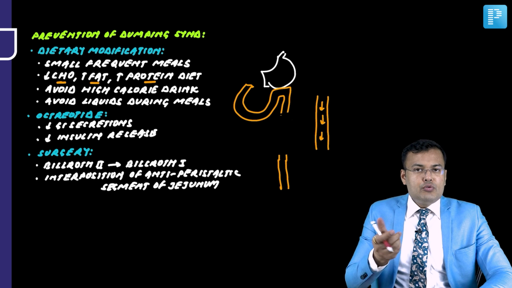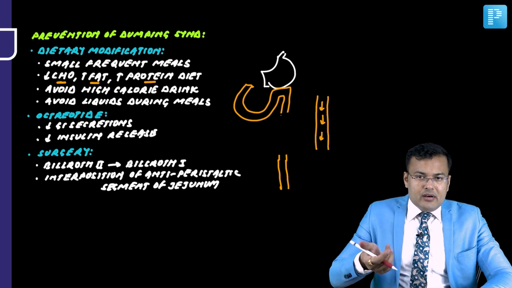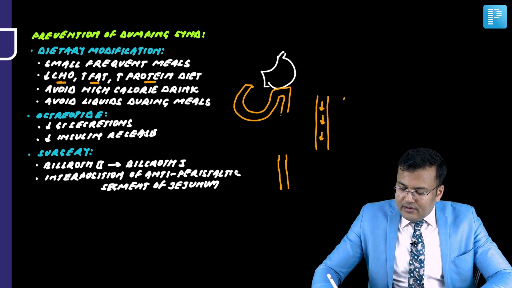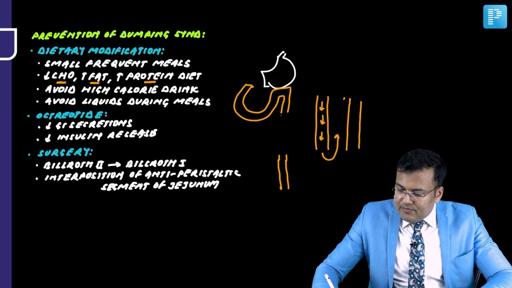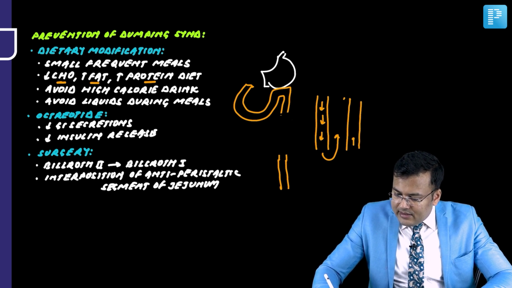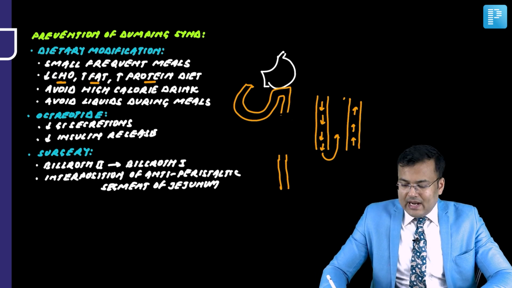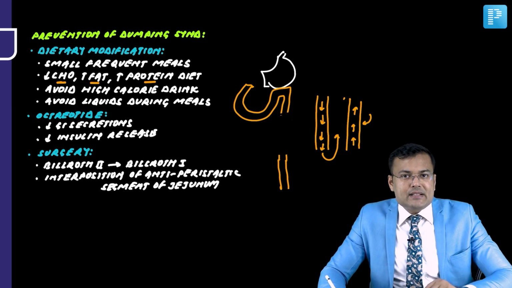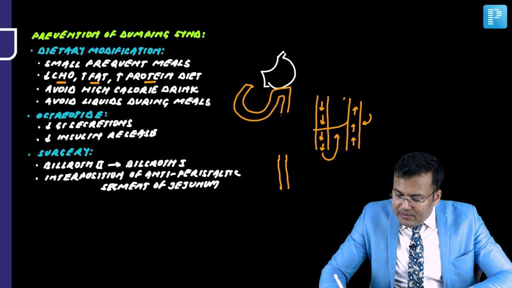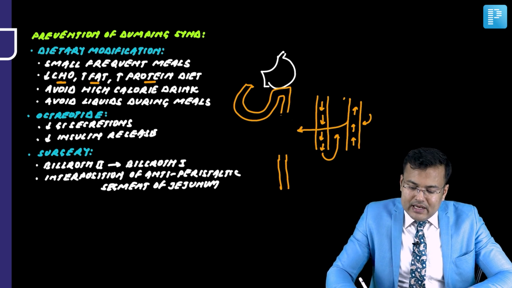Now what you do is reverse it. If you reverse it, the direction of peristalsis is now like this. This segment is isoperistaltic and this one is antiperistaltic. Now you perform the interposition of this antiperistaltic segment.